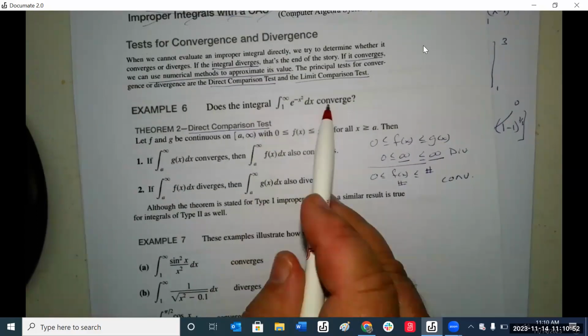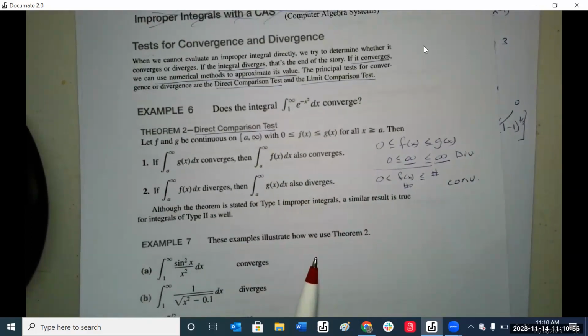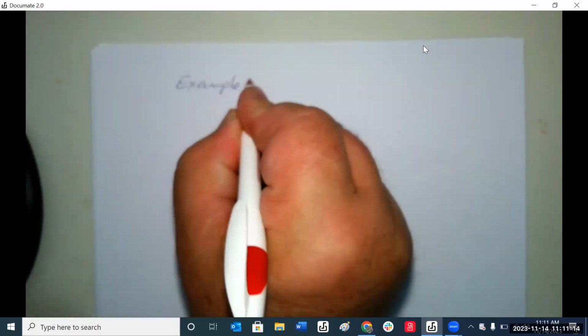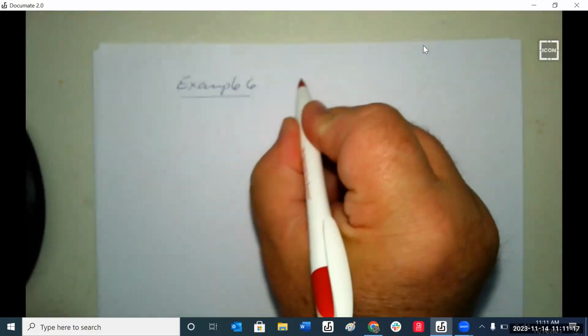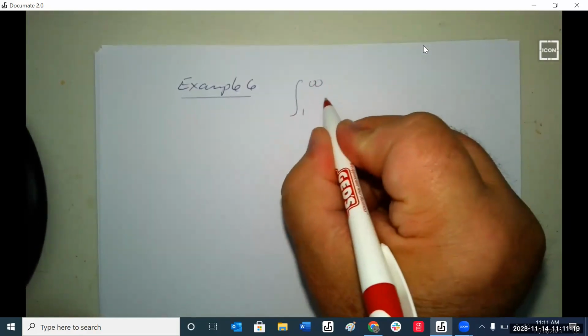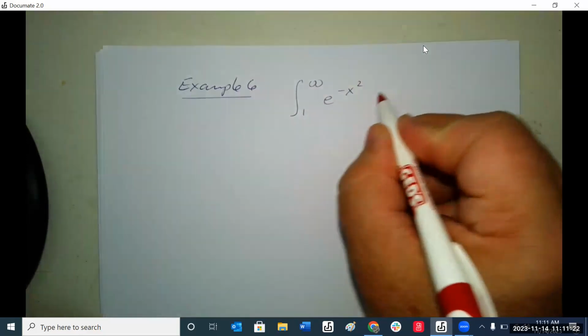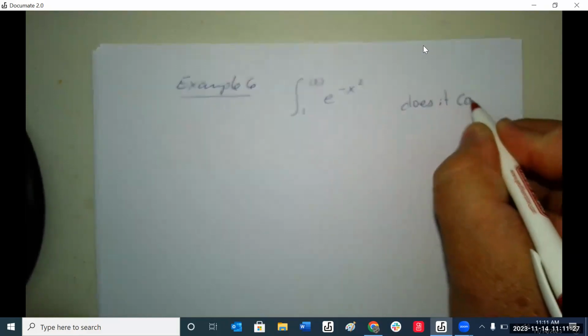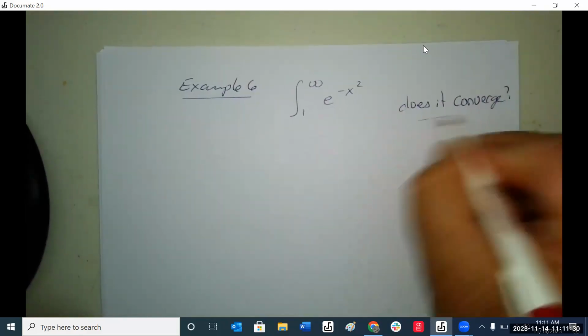All right, so let's look at example 6. Does the integral from 1 to infinity of e to the negative x squared converge?